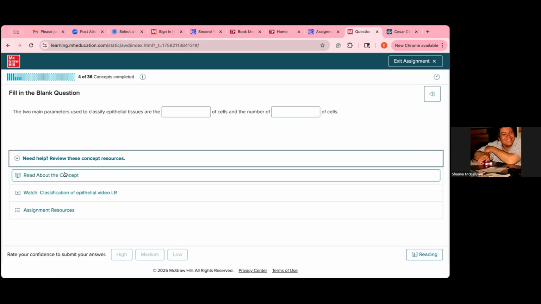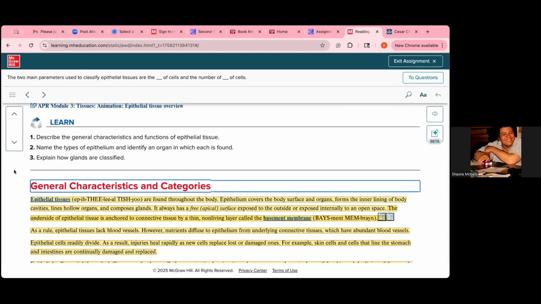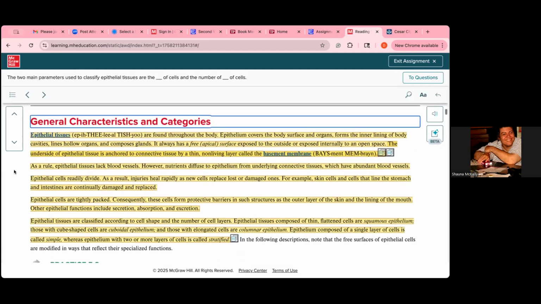This one was probably a statement in the book. Okay, so it says epithelial tissues are classified according to cell shape, so shape and the number of cell layers.